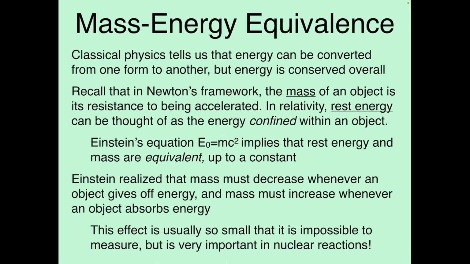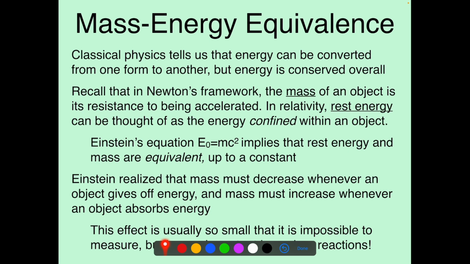So in Einstein's relativity, mass has a different character than in old school Newtonian physics. In Newton's framework, mass is a constant property of an object. An object's mass is not going to change unless you literally remove material from it or add material to it. In Einstein's framework, that's not the case.